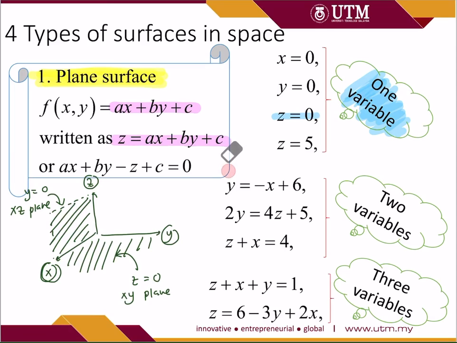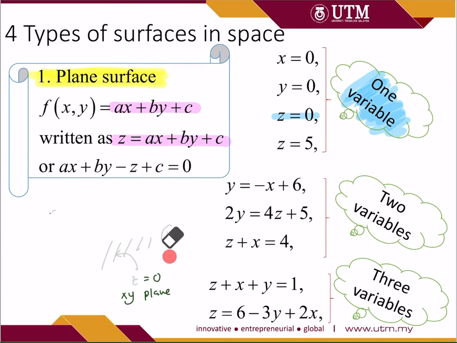How do you want to sketch z equal to 5? Let's say it's X, Y, and Z. You need to label the axis. So Z equal to 5 means it is from 0, 1, 2, 3, 4, 5, for example. Here is 5.